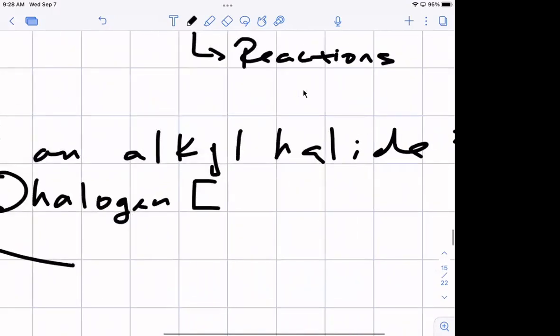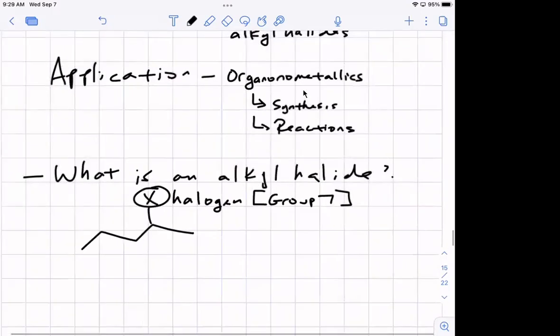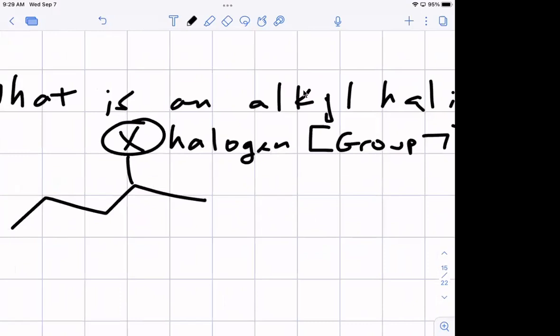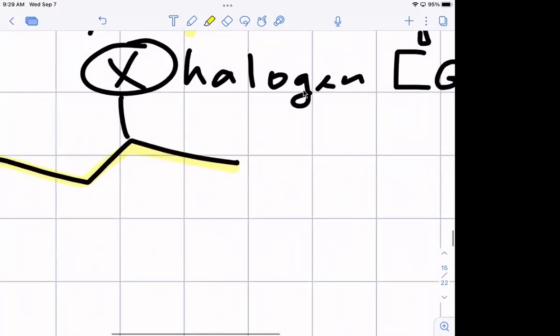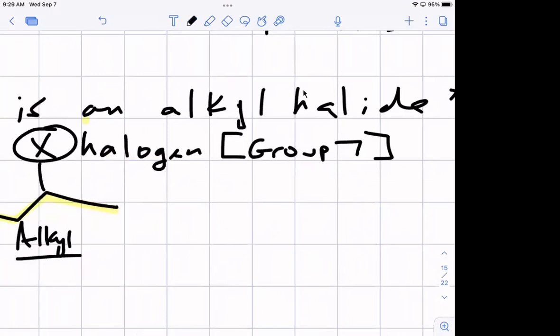Right, you know halogens from the periodic table are group 7 elements: chlorine, bromine, fluorine, iodine, astatine, so on and so forth. And then you have, so that's the halogen, and this is the alkyl part. So when you have a halogen on an alkyl chain, we call it an alkyl halide.